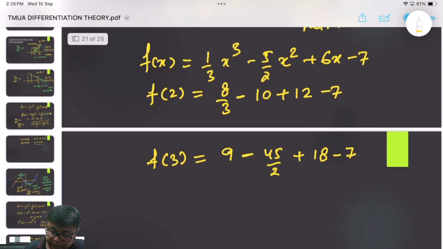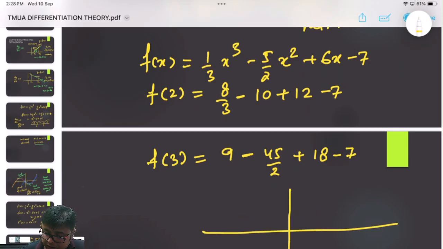And I know it's a cubic equation. The curve, I know it will start like this. At 3, we have a point of minima. So 3 is here. At 3, there is a point of minima. So it's like this. This is 3. At 3 it has attained a minimum value, and now it will turn.